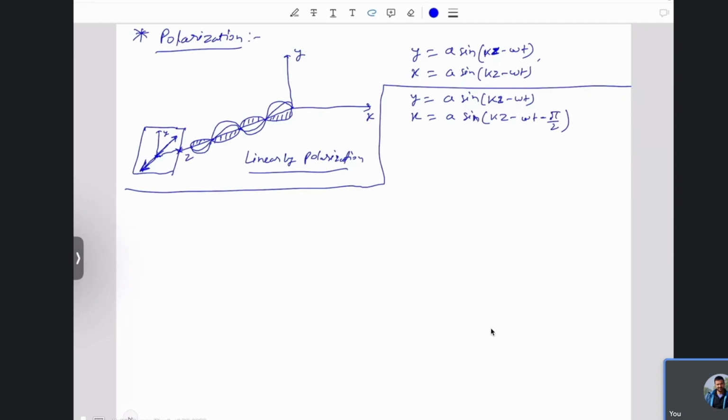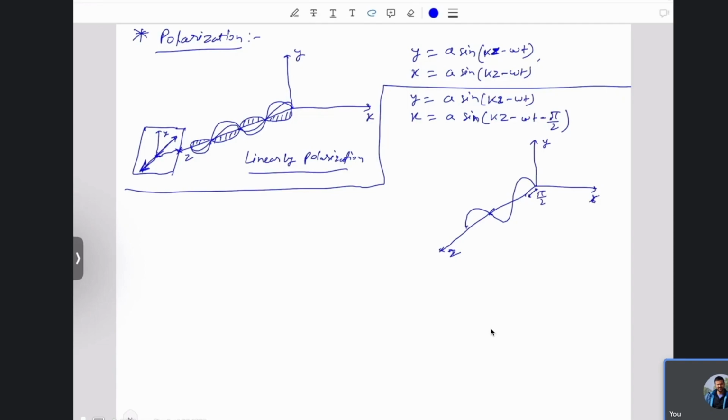Now let me try to draw what it will look like. Suppose this is your y, this is your x, this is the z direction. For the y direction, you have the same wave that we had before, but for the x direction, I mean the wave with the electric field vibrating in the x direction, we are starting with a phase difference of pi by 2, right?